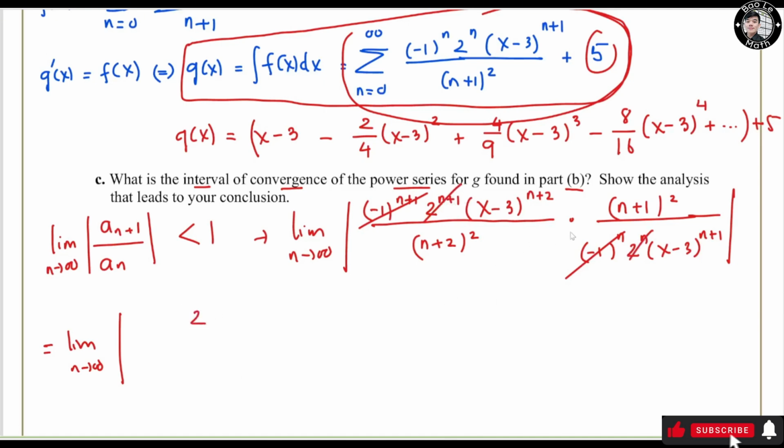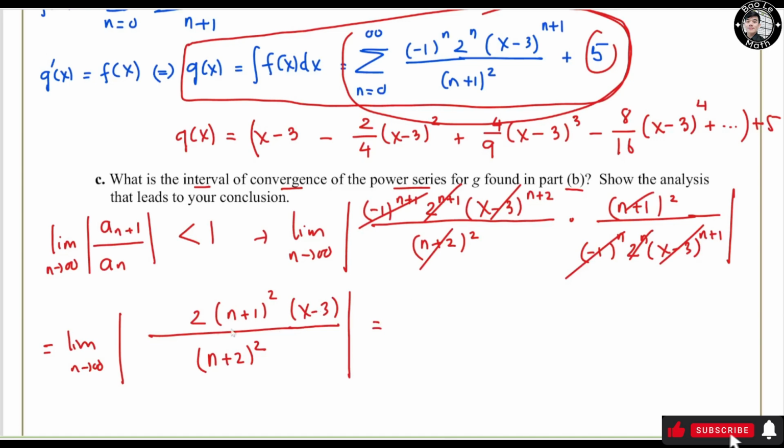The n plus 1 squared is on top, and the bottom is n plus 2 squared. The s minus 3 factors cancel, leaving s minus 3 on top. Since s minus 3 is not related to n, I bring it to the front, so I'm taking the limit when n approaches infinity of the absolute value of 2.